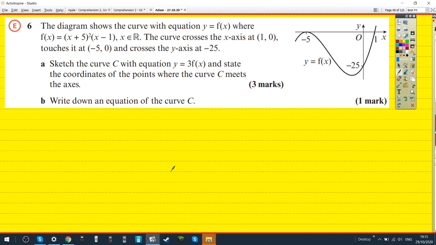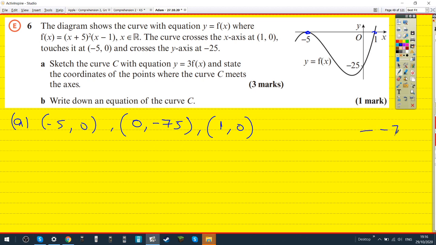Yeah, multiply the y coordinates by 3. So the first one would still be -5, 0. The second one would be 0, -75. And the third one would be 1, 0. So it goes through there and there, and it just stretches down to -75.